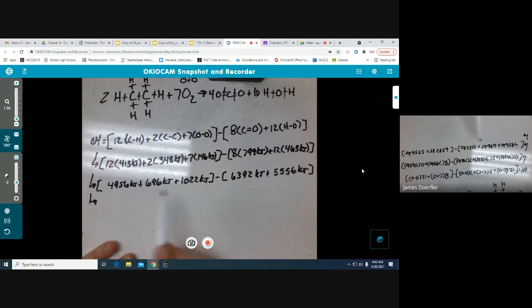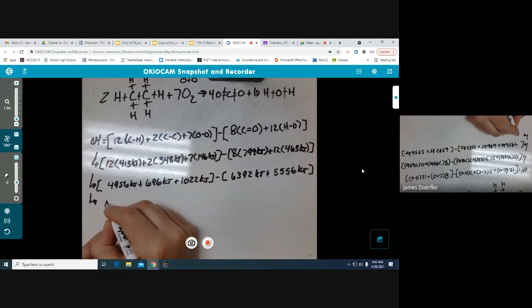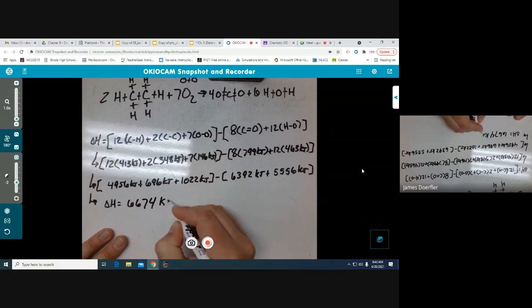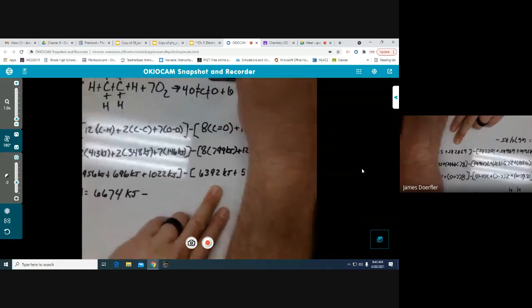Now we have to sum up this first part. What do we get? 6674. I was off by 1. 6,674 kilojoules minus the sum of the products.